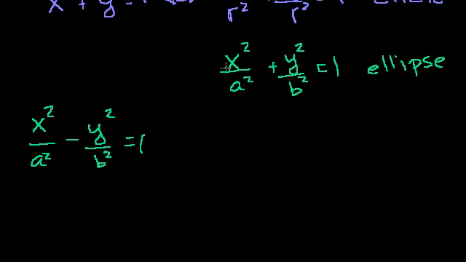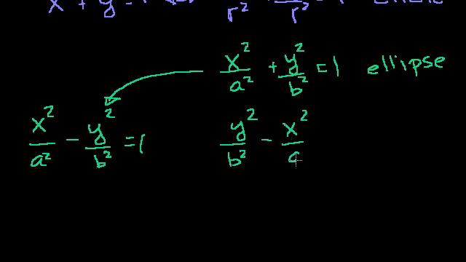Notice the only difference between this equation and this one is that instead of a plus y squared, we have a minus y squared here. So that would be one hyperbola. The other one would be if the minus sign was the other way around: y squared over b squared minus x squared over a squared is equal to 1. So now the minus is in front of the x squared term instead of the y squared term.